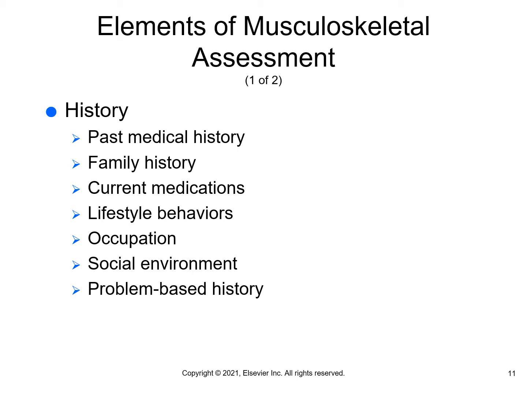And then lifestyle behaviors. Do they have a sedentary lifestyle? What occupation do they do? Is there anything in the social environment that impairs their cognition, such as alcohol or drug use? Do they have a specific problem, such as a sprained ankle? So you need to look at those specific problem-based histories.